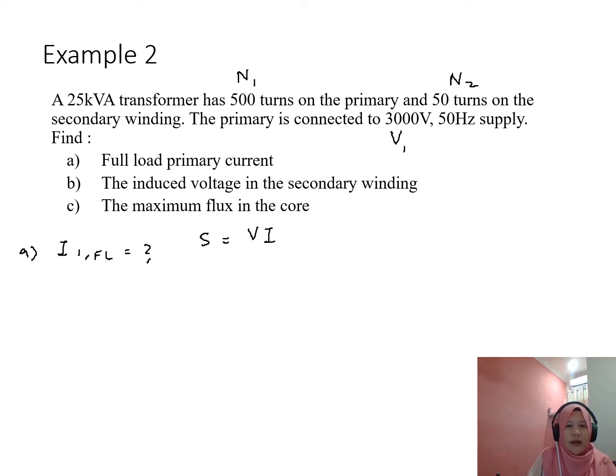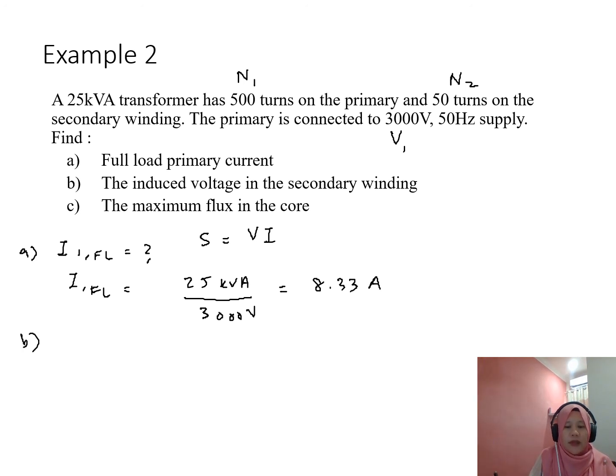So I is equal to 25 kVA divided by 3000 volt. We obtain the full load current is 8.33 amp.